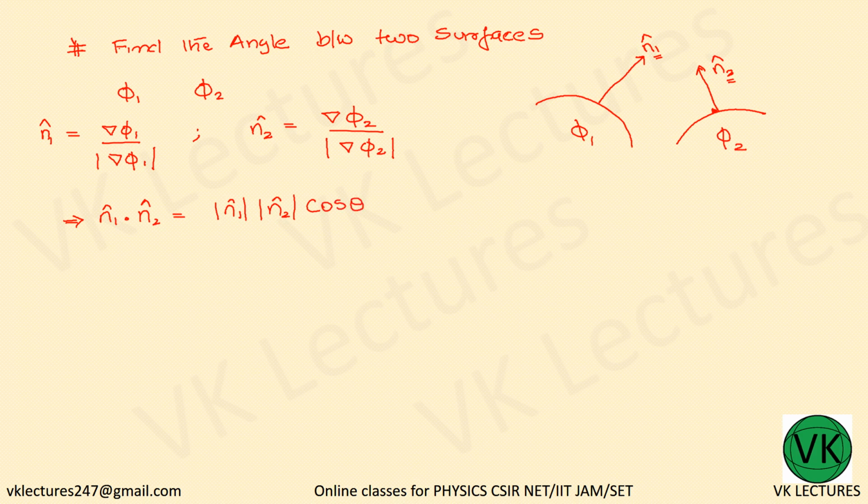But n1 and n2 are unit vectors, since each is a vector divided by its magnitude, so their magnitudes are 1. Then cos theta equals n1 dot n2, so theta equals cos inverse of n1 cap dot n2 cap. This value is the angle theta.